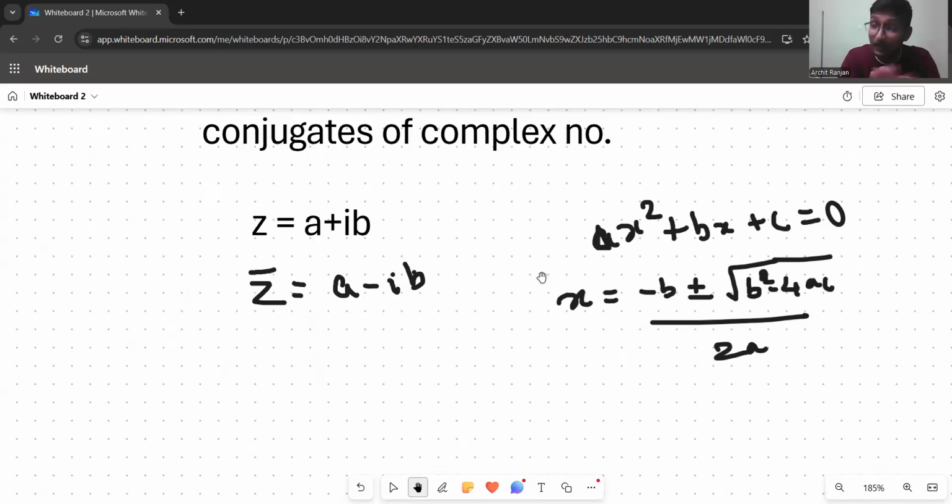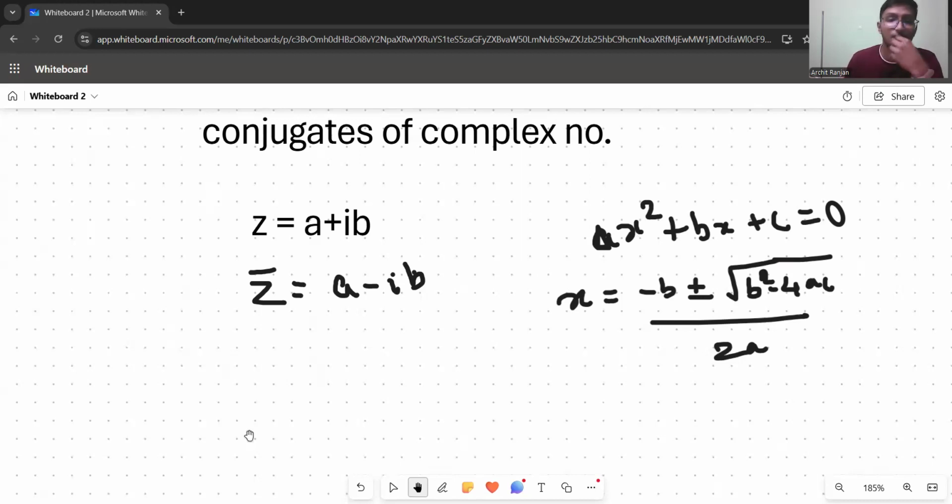A is a real number and the real part of the complex number. But b is the imaginary part of a complex number, although it is a real number. It is very important to see here that a is a real number and b is also a real number. But actually, b is the imaginary part of a complex number. Fine.